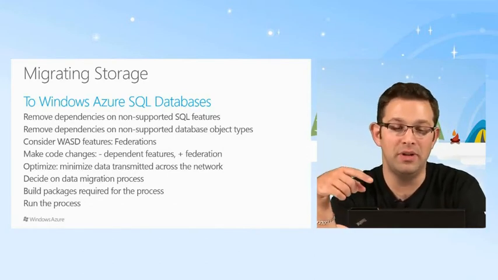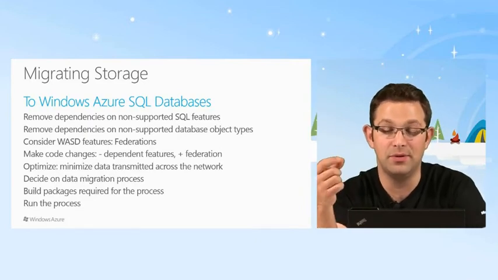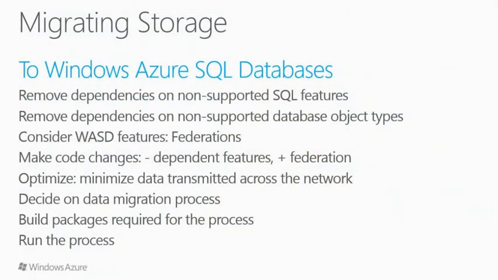Then you're going to look at removing the dependencies for data types or data object types. So think about these as, I was going to say linked servers, but those are available now. Think about these in terms of very specific queries, or some of the functionality, like spatials and all those, that don't work the same way.